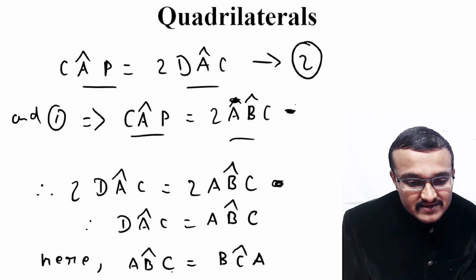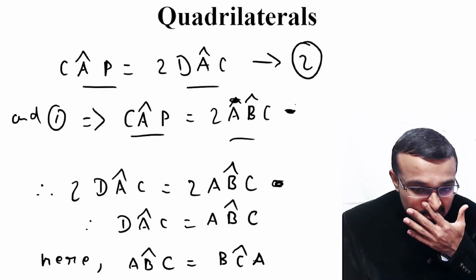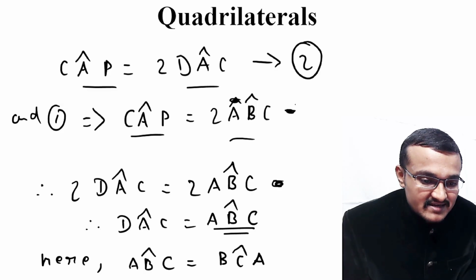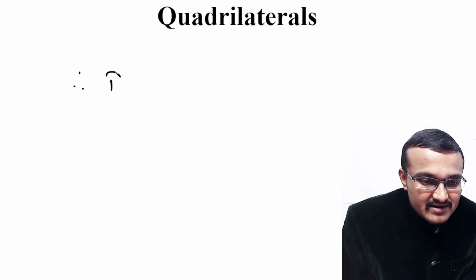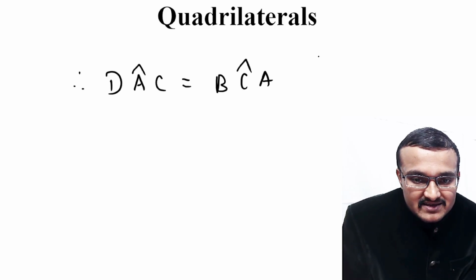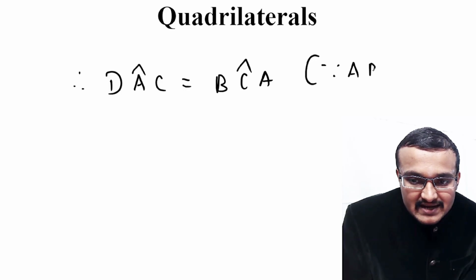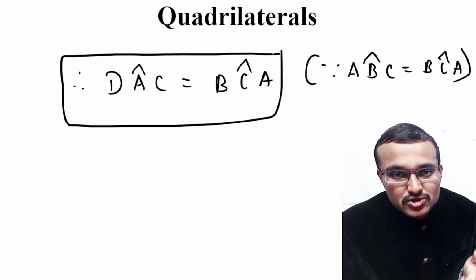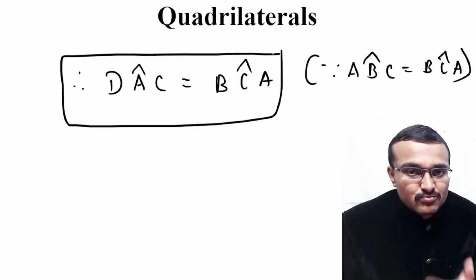So in the place of writing ABC, I can write BCA. So therefore DAC is equal to BCA. This is because angle ABC is equal to angle BCA. So here they had asked to prove DAC is equal to BCA, and we had proved that.